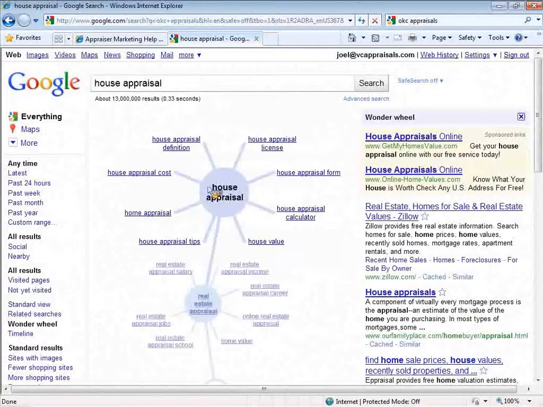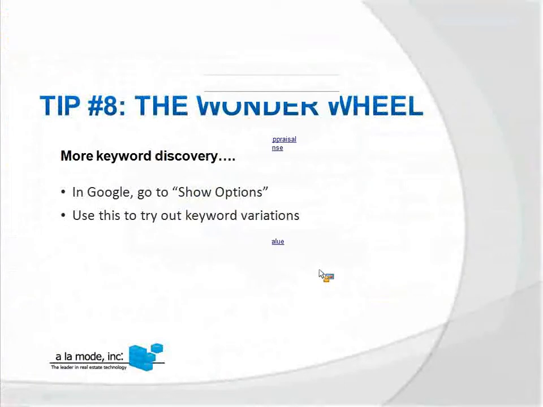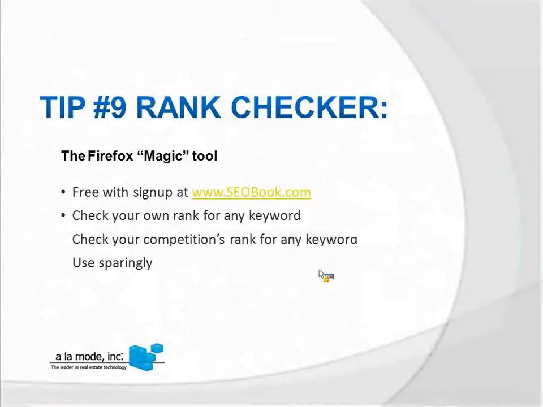This is obviously based on a history of what Google has on file for people actually doing searches. So the Wonder Wheel is good for keyword variations and keyword discovery. That's tip number 8. Pretty self-explanatory, and you'll use this a few times when you get the hang of it.